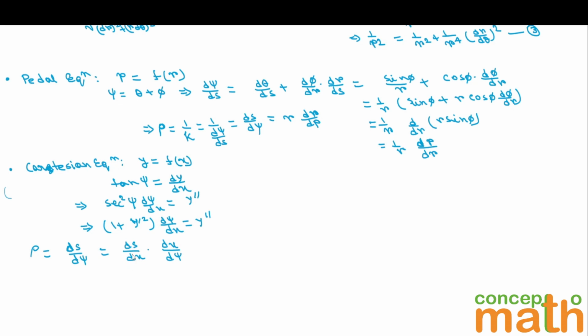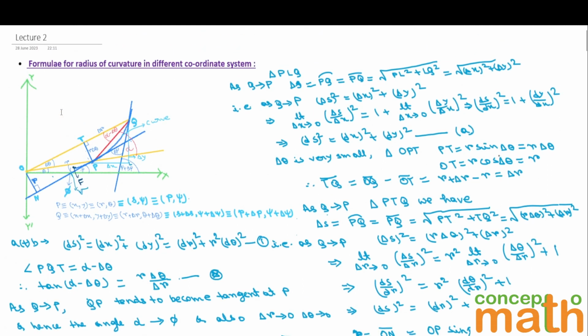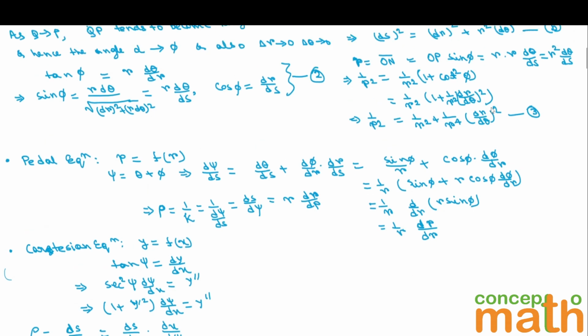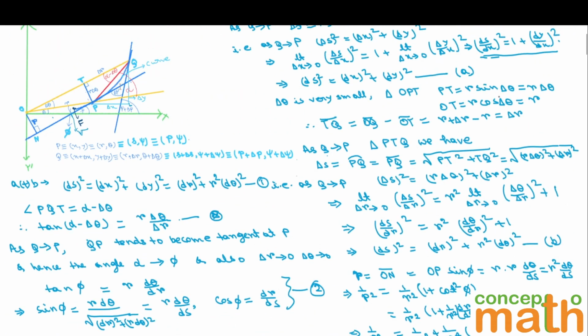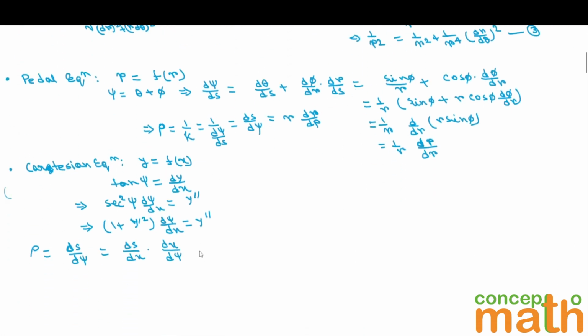Now what is the value of ds dx? If you observe result A, then from here you can write the value of ds dx. This is nothing but root under 1 plus y dash square, where y dash is dy dx. And what is dx d psi?